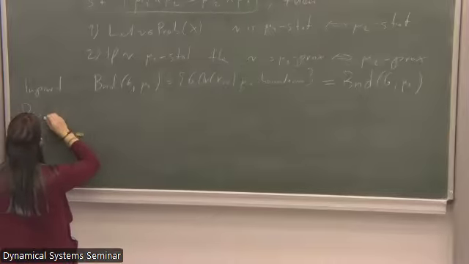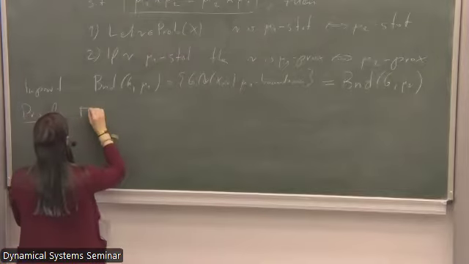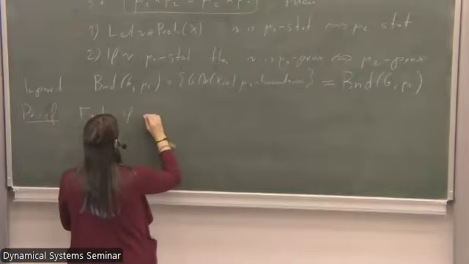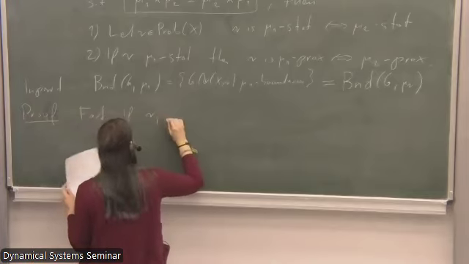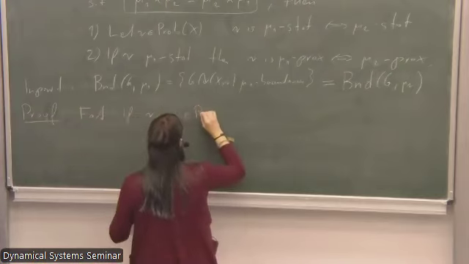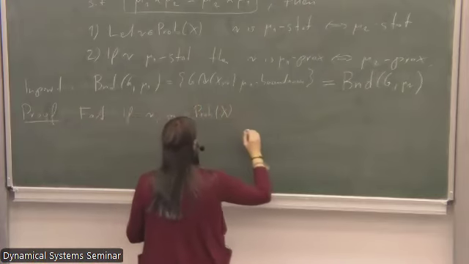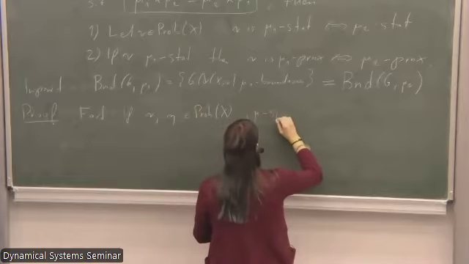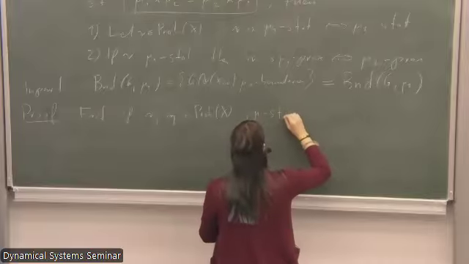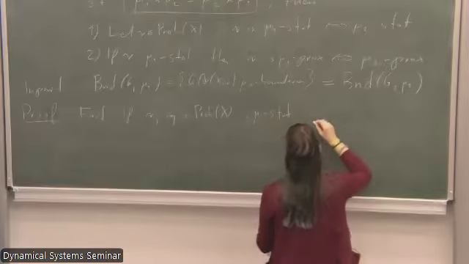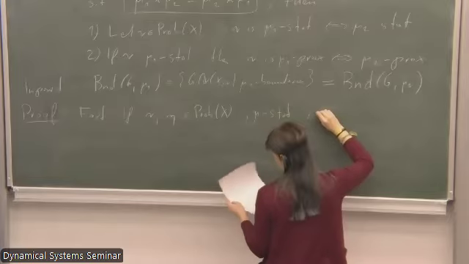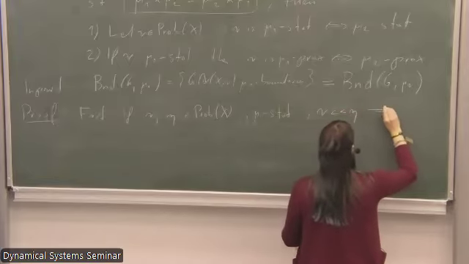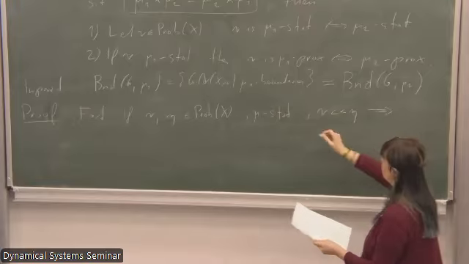So the proof relies on the following well-known fact, namely: if nu and eta are probability measures on my space X, both mu stationary with respect to the same measure, and nu is absolutely continuous with respect to eta, then it immediately follows that, did I say ergodic? No, sorry, ergodic.